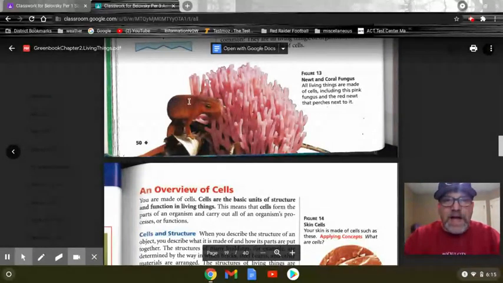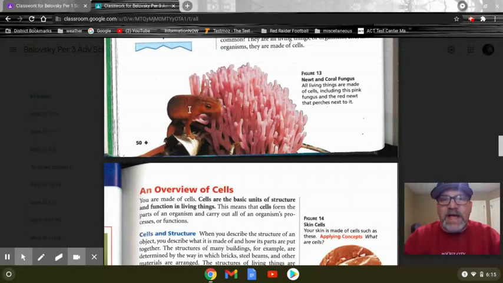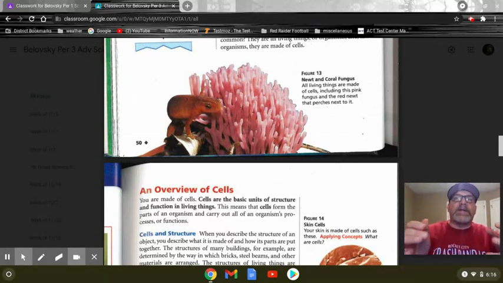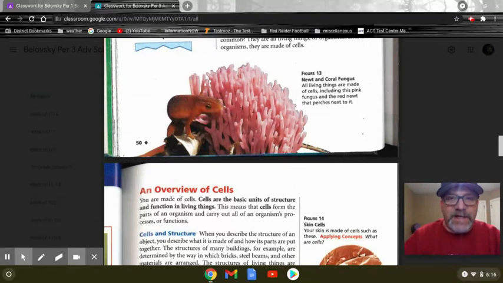And this little guy standing next to it is a newt, and he's standing on leaves. What they were wanting to get at was that all of these things that you're looking at here are made of cells. It doesn't matter if you're in a forest, desert, ocean, wherever. If it's living, then cells are involved.